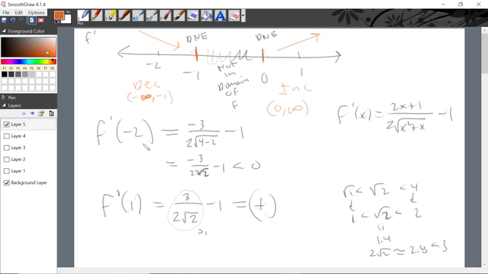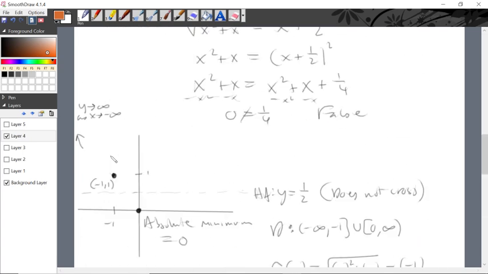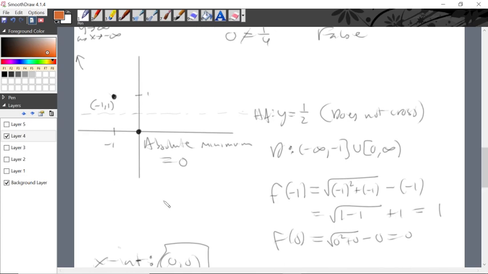Now this confirms what we were hoping to see. We have that it is strictly decreasing over here, but strictly increasing here. So let's include that information. We have that it's increasing over here, decreasing over here, and it doesn't exist between negative 1 and 0.